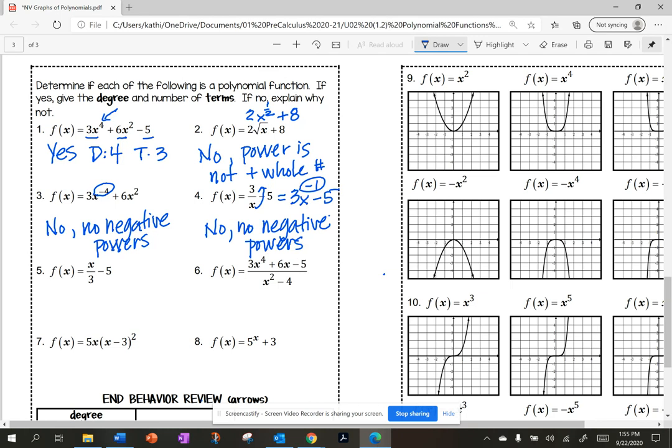Number 5, f of x equals x divided by 3 minus 5. So this one is a polynomial. So yes. And my degree, this is x to the 1st power, so my degree is 1, and I have 1, 2 terms.